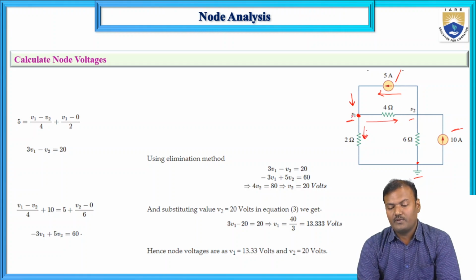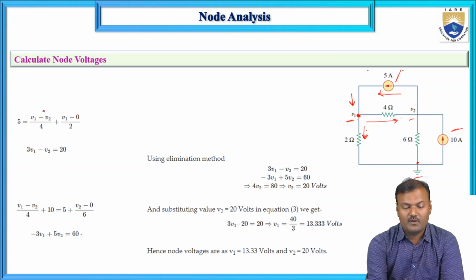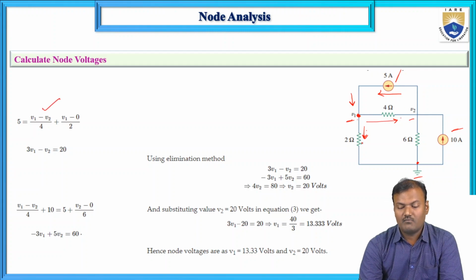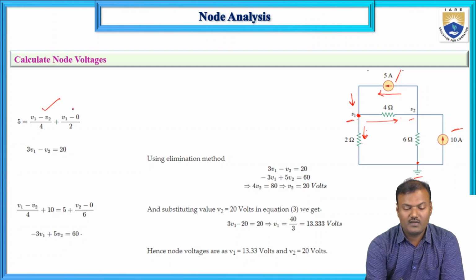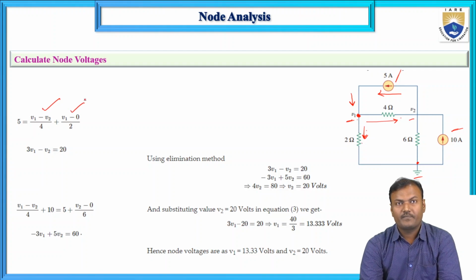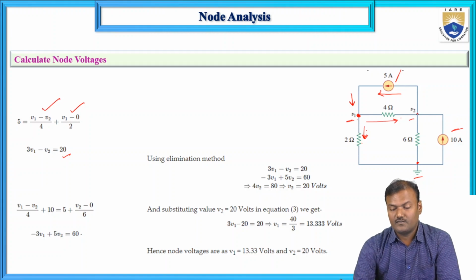So 5 amperes is equal to (V1 minus V2) divided by 4 plus (V1 minus 0) divided by 2. So 3V1 minus V2 is equal to 20 is one equation, and at this node the current entering is 10 amperes.